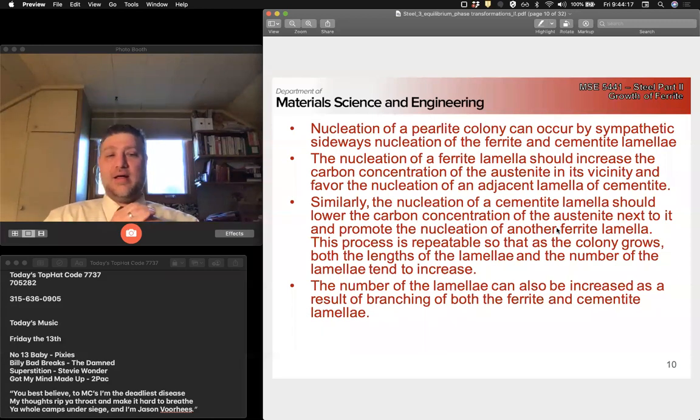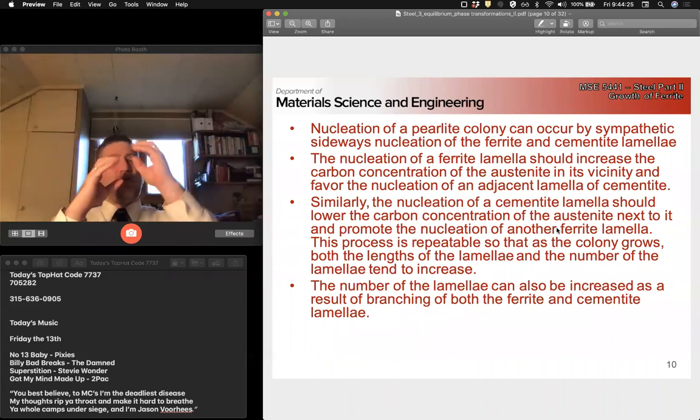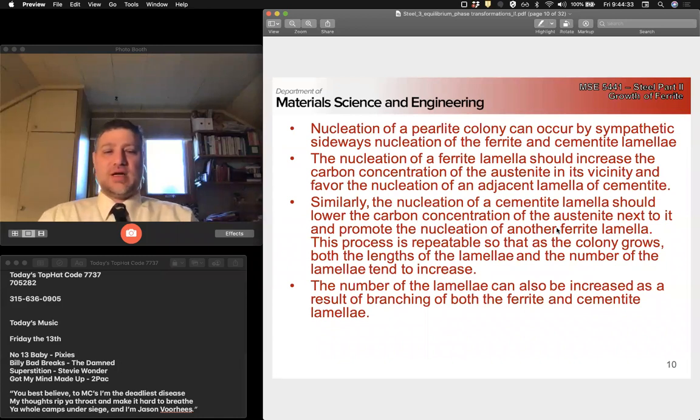Okay? And remember, we're in a region where diffusion is pretty fast, right? We're just below the eutectoid temperature, right? So the carbon can rearrange fairly quickly, but it's not instantaneous, right?